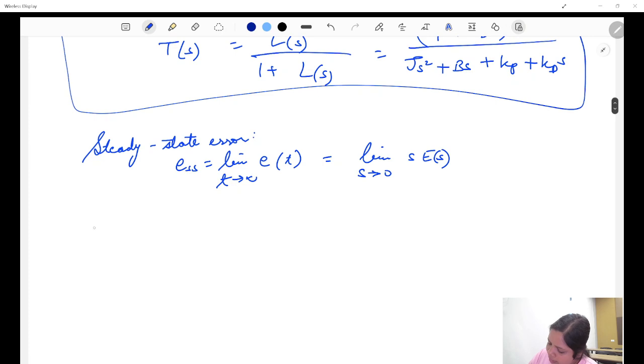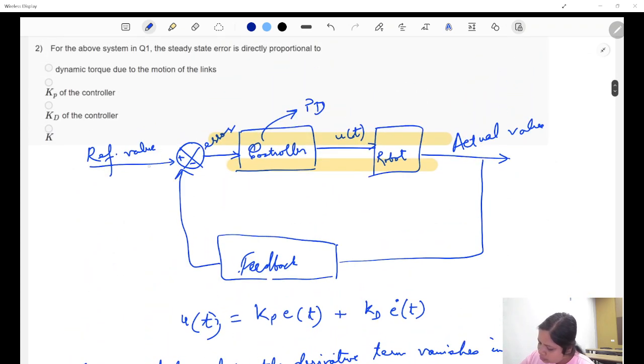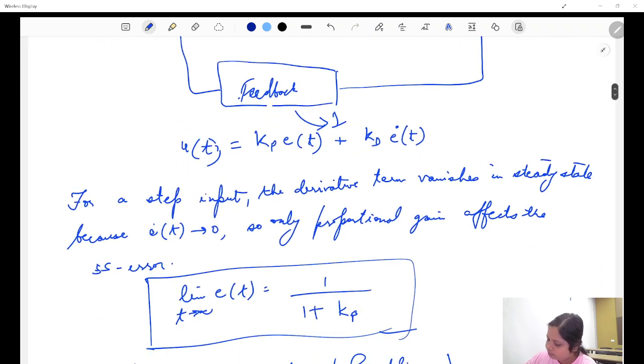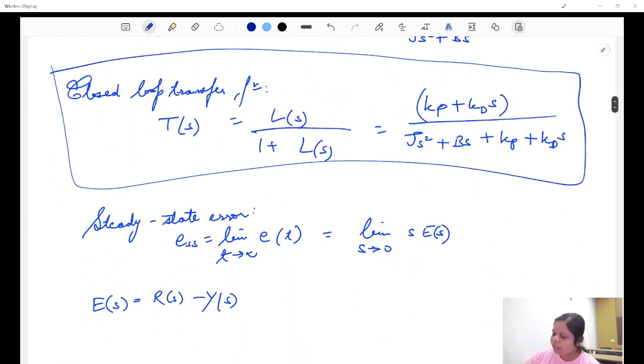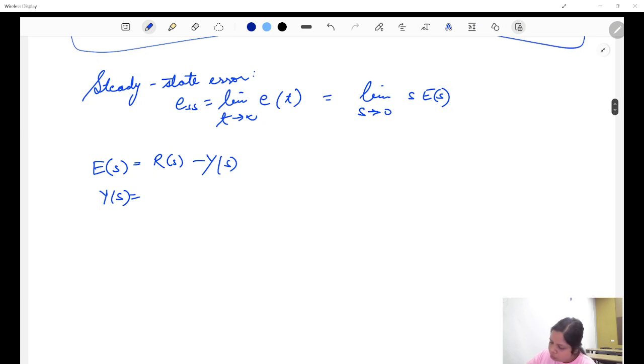Where your E(s) is actually R(s) minus Y(s). I hope that is clear. Let's see here. This is your R(s) and this is your Y(s). This feedback is 1 in our case. So your error is R(s) minus Y(s) only. So here we can write E(s) is equal to R(s) minus Y(s), and Y(s) upon R(s) was actually T(s), your closed loop transfer function, right?